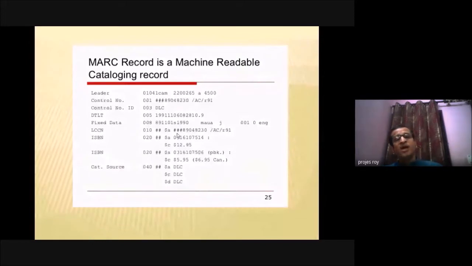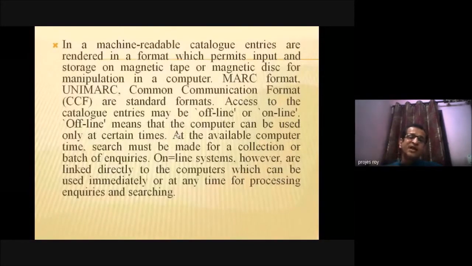Here you can see MARC is a machine-readable catalog card, definitely, but it has come through different deviations. If you look backward, the first time we worked on a CCF, Common Communication Format. At that time UNESCO created some kind of standard for data exchange, and we carried forward the Common Communication Format.